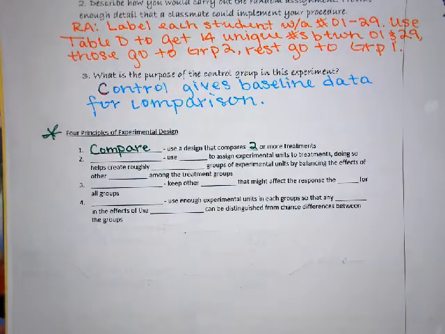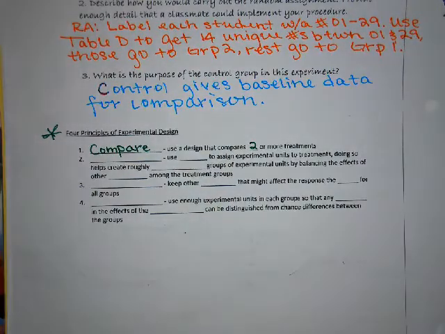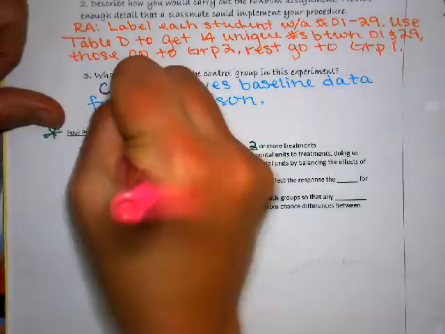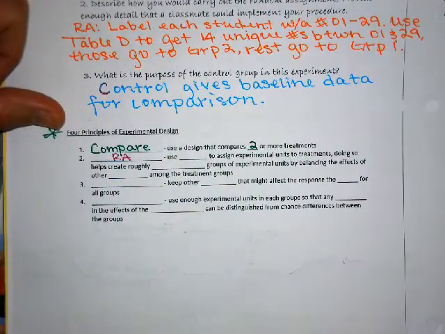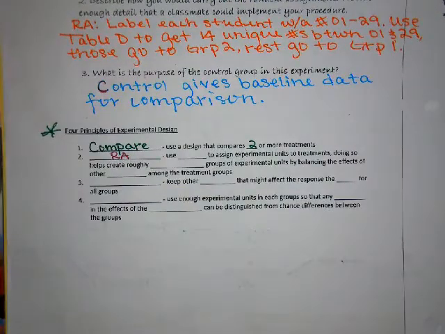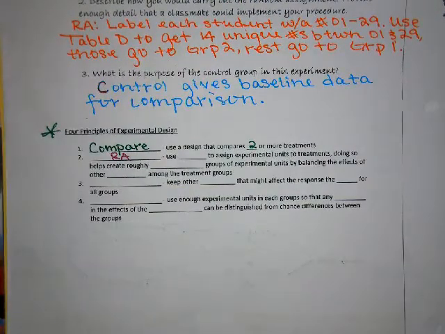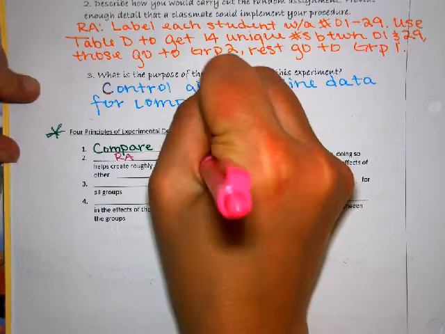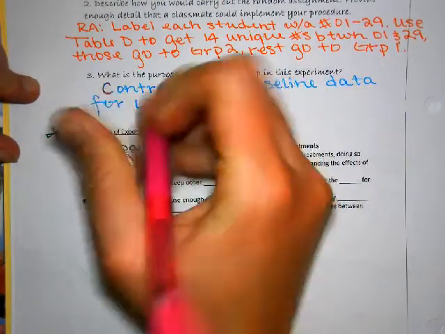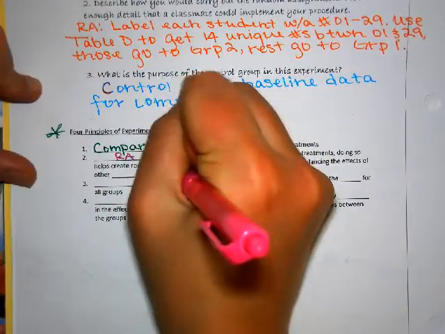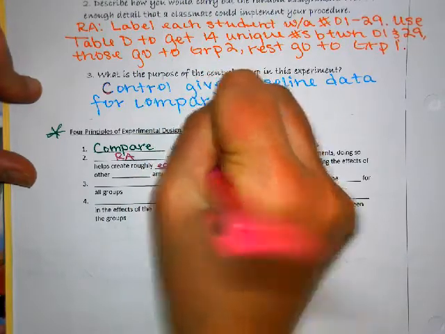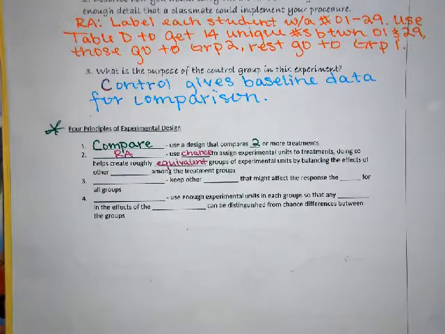Random assignment, RA. Use chance to assign experimental units to treatments. Doing so helps create roughly equivalent groups of experimental units by balancing the effects of other variables among the treatment groups.